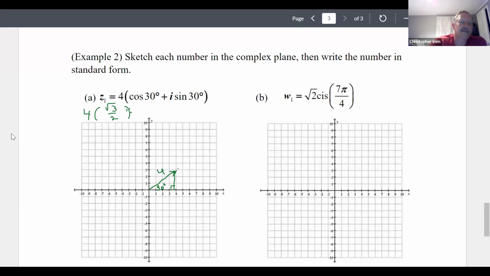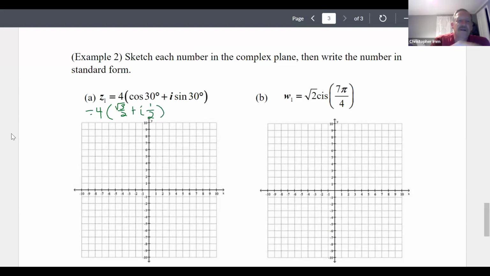I don't think I can. Let me try again. So you have 4 times square root of 3 over 2 plus i, and the sine of 30 is 1/2.